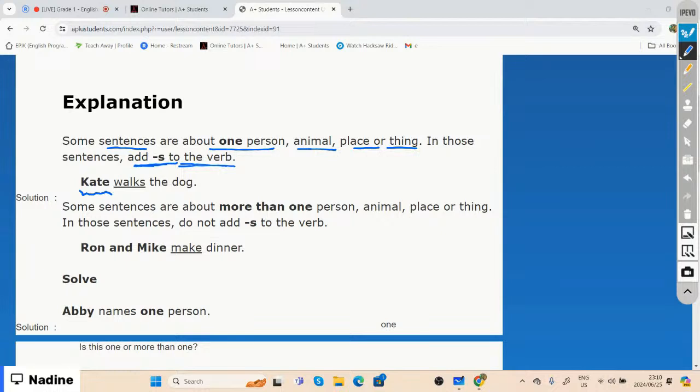So Kate walks the dog. We don't say Kate walk the dog or Kate walking the dog. We say Kate walks the dog with an s. That verb walks ends with an s because it tells us what Kate is doing, and that refers to one person doing the action. What is Kate doing? Kate walks the dog.